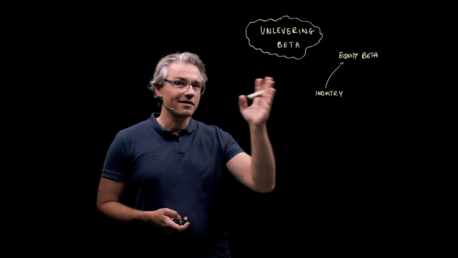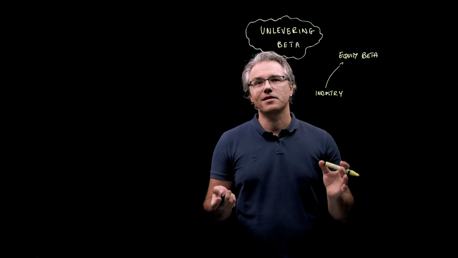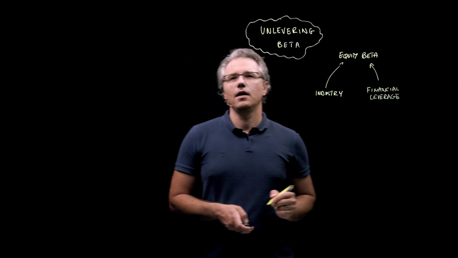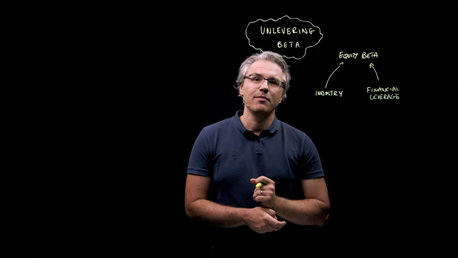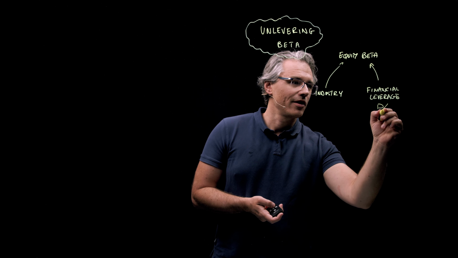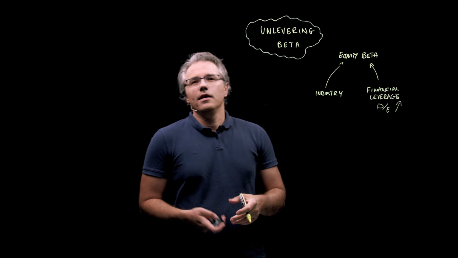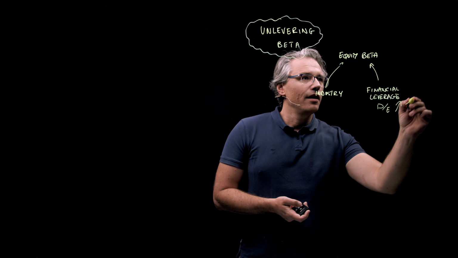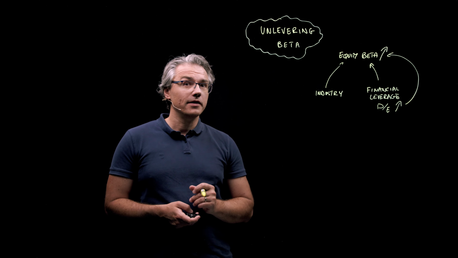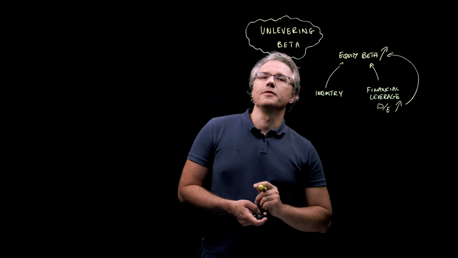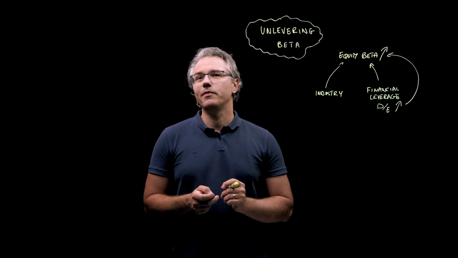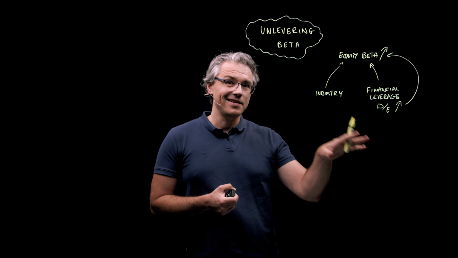The equity beta is also impacted by a company's level of gearing or financial leverage. So, a high level of debt in the capital structure, and let's express this with the debt-to-equity ratio, so a high D to E, will cause equity beta to be high as well. In other words, the shareholders of a company with a high debt-to-equity ratio experience returns which are more volatile than those of companies in the same industry but with less debt.